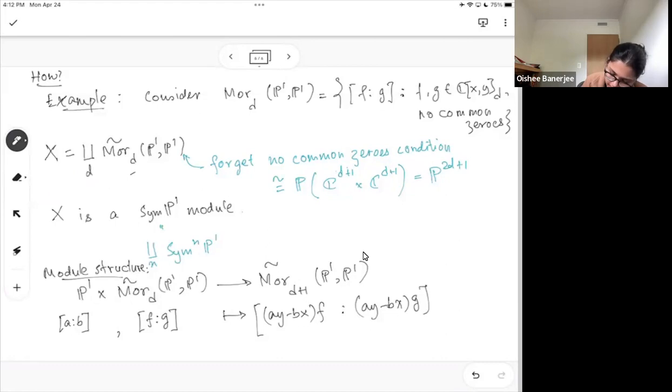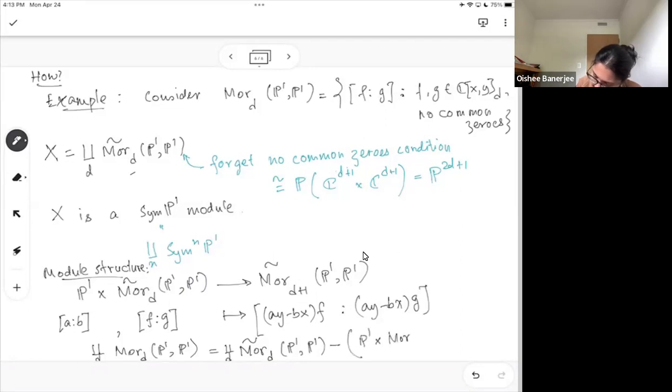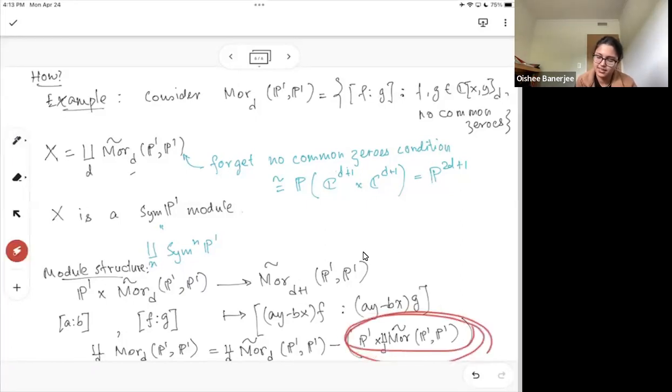So when I write minus something, it's the image of this guy under this map.